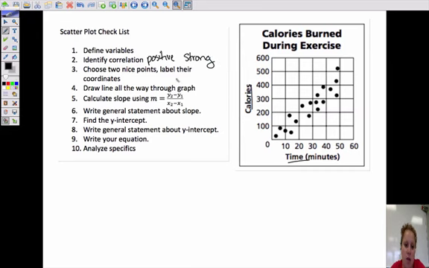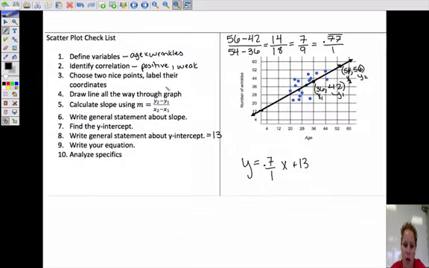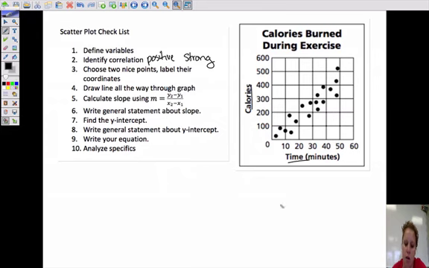And then we've already chosen 2 nice points and calculated their slope. So let's just get our equation from the one we did before. It was 95 over 23x plus 5. So y equals 95 over 23x plus 5.